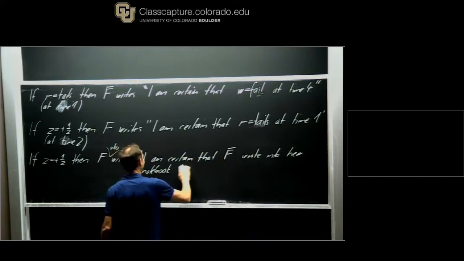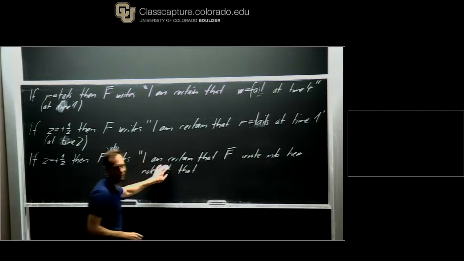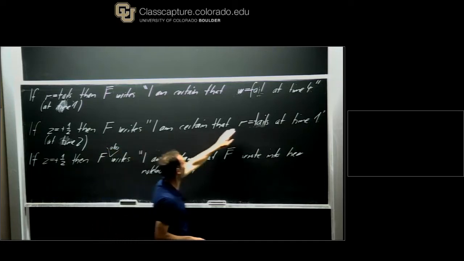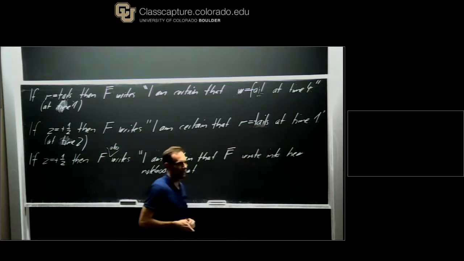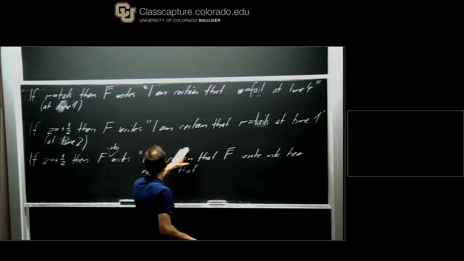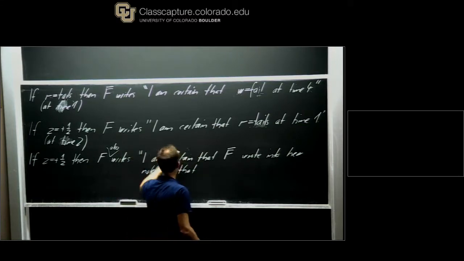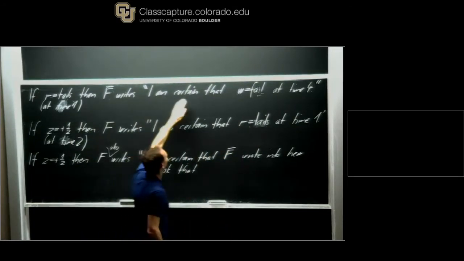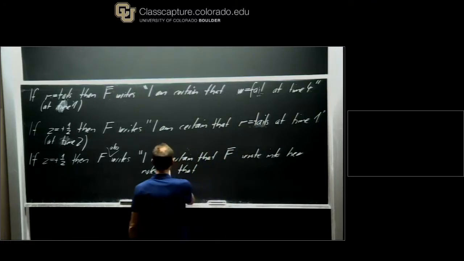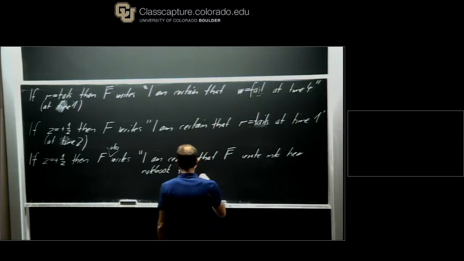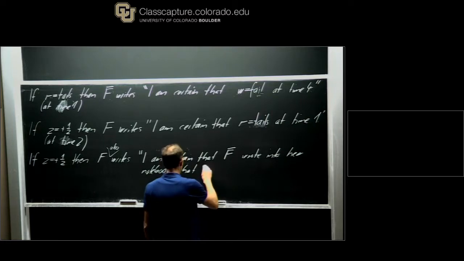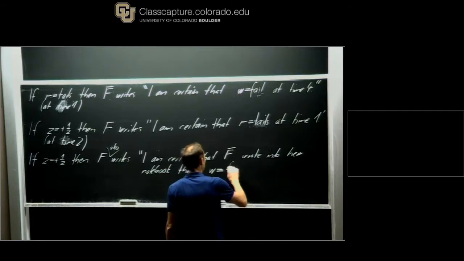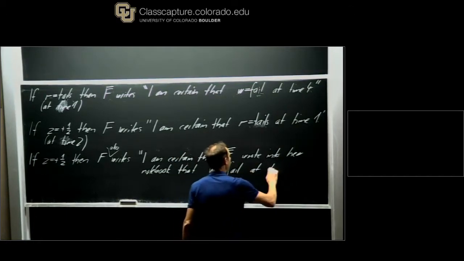So what can she write here? You can now see she's already certain that R is tails. Yes, right. So exactly. F is certain that R is tails, and we have already seen that if R is tails, then F bar writes that W is fail. So therefore, F is now certain that F bar wrote into her notebook that W will be fail at time 4.